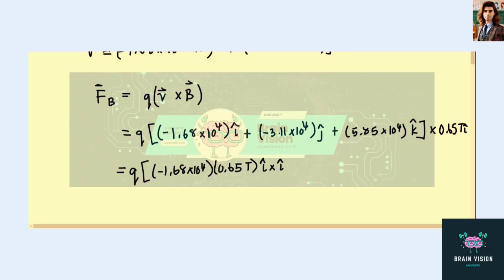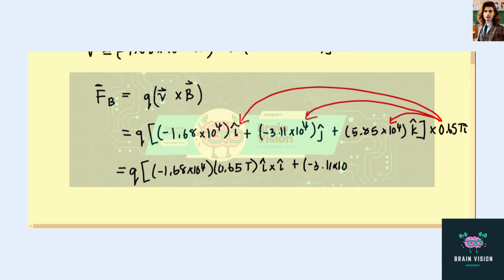Because we're taking that B field and we're just distributing it inside here. So that's going to be the consequence of that. And then we'll do this one and this one. So the next one will be negative 3.11 times 10 to the 4, 0.65 Teslas, J hat cross I hat. And then we have one more. I'll just put it on the next line here.